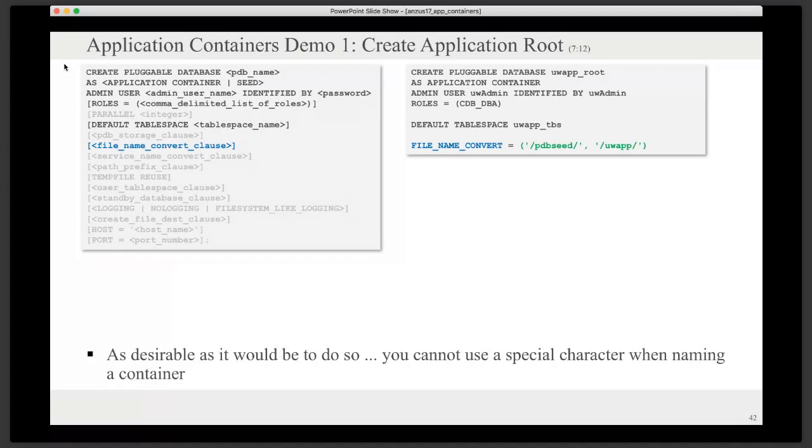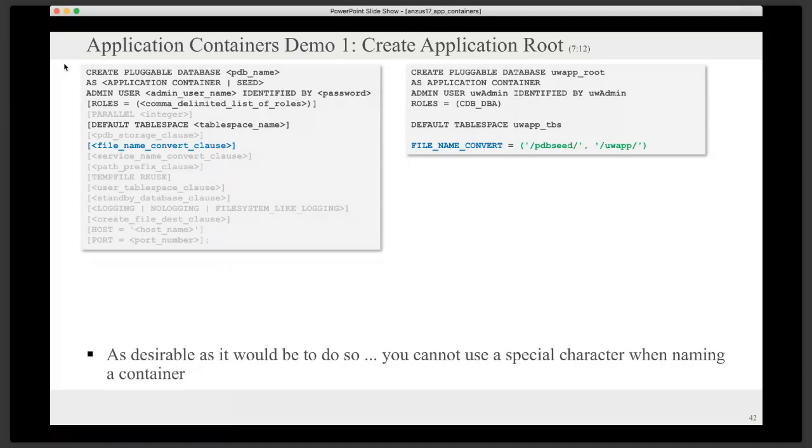Here's where that seed database concept becomes critical. We're going to define every single aspect of the database. How much memory, how much temp, how much this, how much that. What I'm saying is, FILE_NAME_CONVERT. I have a seed database.